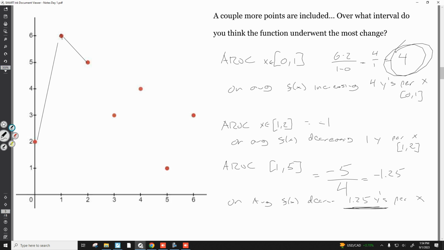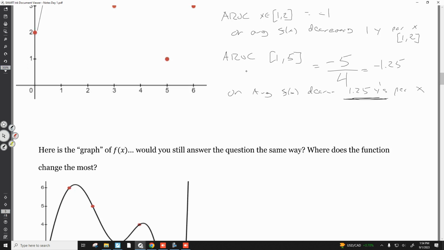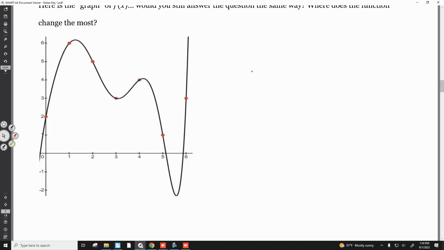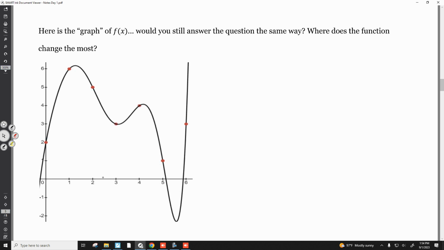What would be nice, though, if you really want to understand the function? Use the graphing calculator. Okay, the person finally was able to give you what the graph looks like. Are you still answering this question the same way? That from 0 to 1, with the average rate of change of 4, that's where the function experienced the most change, or are you going to change your answer again? Tell your neighbors, where does the function undergo the most change?